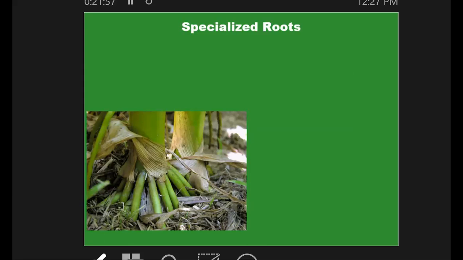Now, these aren't mangrove trees. These are actually corn plants, and those are roots that come off the base of the stem, but they're above ground, or most of it is above ground. But if you think about architecture, if you ever walk through a cornfield, they can get quite tall.